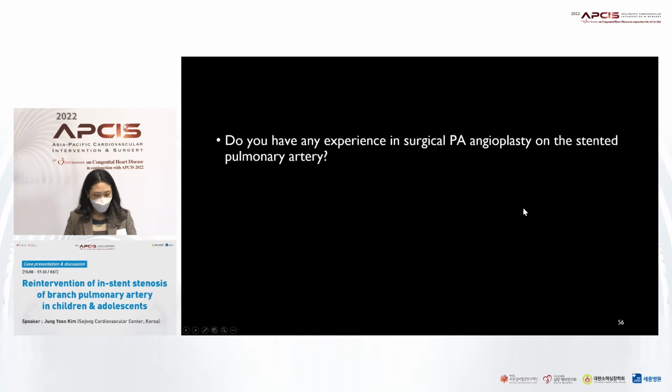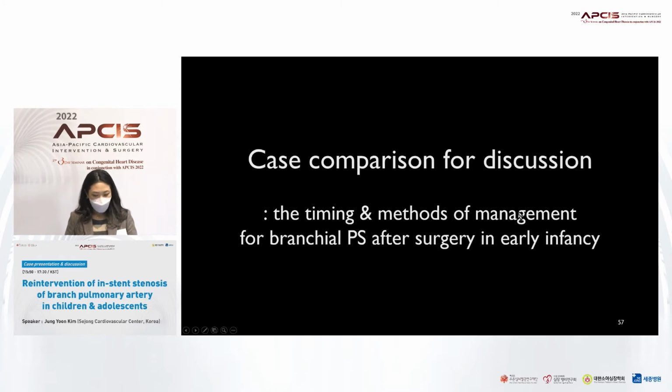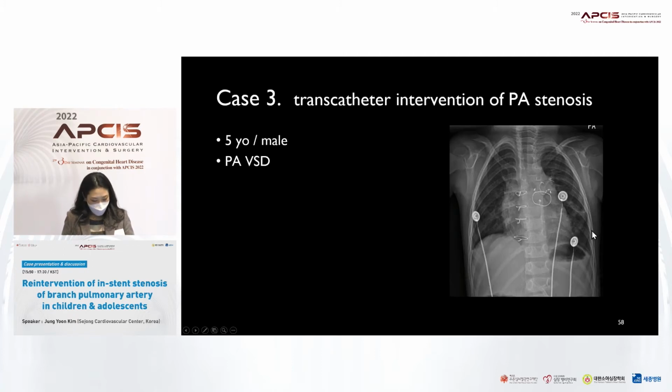Yep. Okay. So the next, cases 3 and 4, are a case comparison for discussion of the timing and method of management for branch PS after surgery in early infancy. Ahead of the discussion, I will briefly introduce cases 3 and 4.